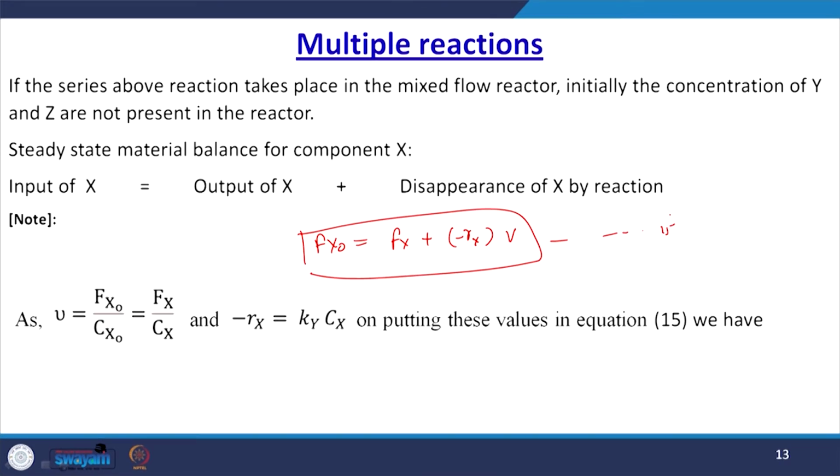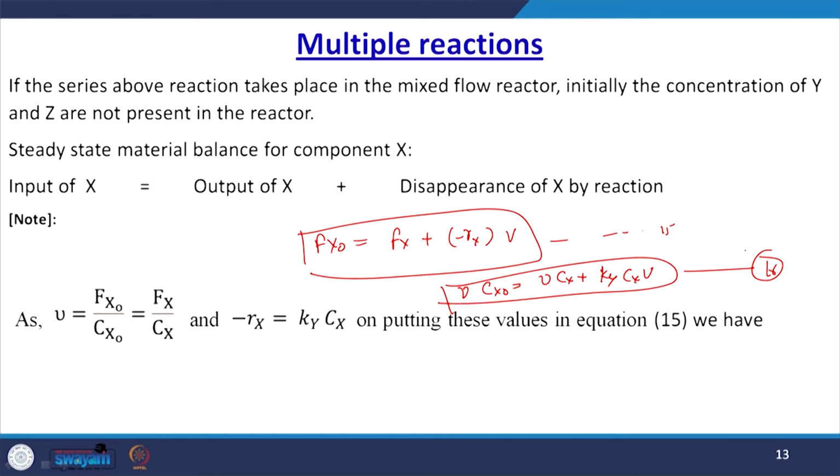Now, if we put this value into the previous equation, then we may have nu Cx naught is equal to nu Cx plus Ky Cx V. This is equation number 16.